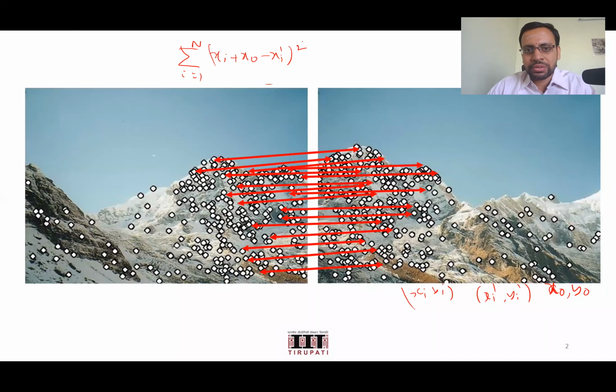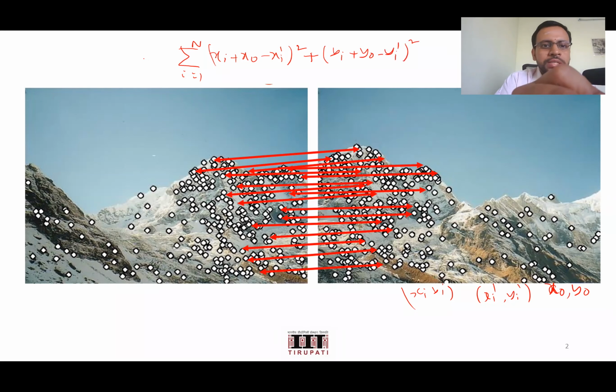Y is also there, sorry, sum of. So can I keep plus here? Yes. Then yi plus y naught minus yi prime also. So minimize, what are my parameters to be minimized here? x naught and y naught. That's all.